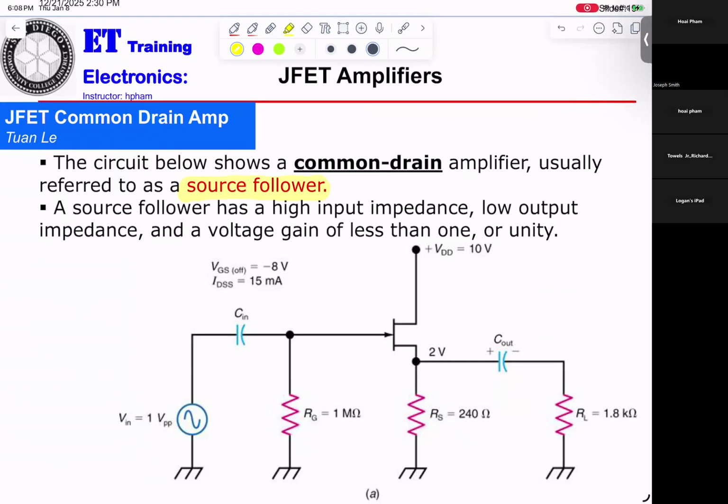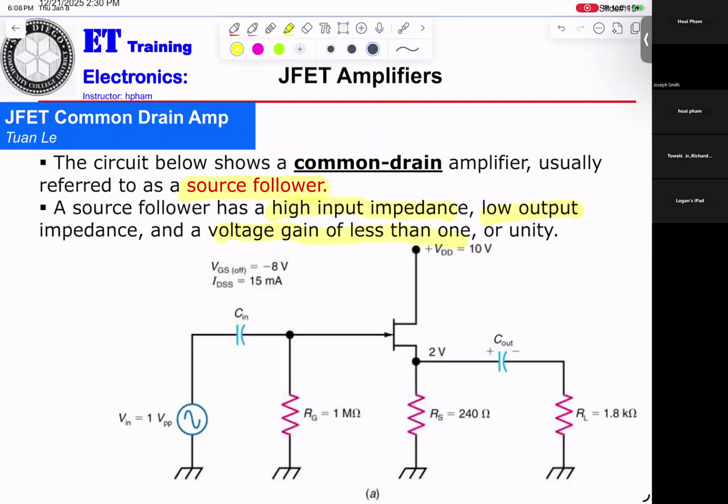A source follower has a high input impedance, low output impedance, and a voltage gain less than 1.